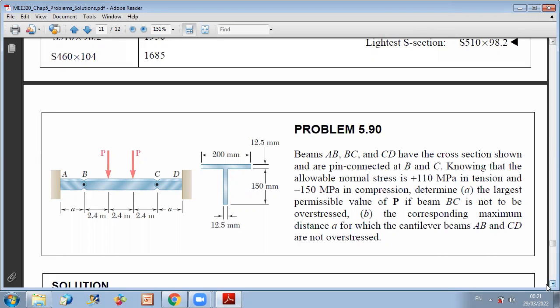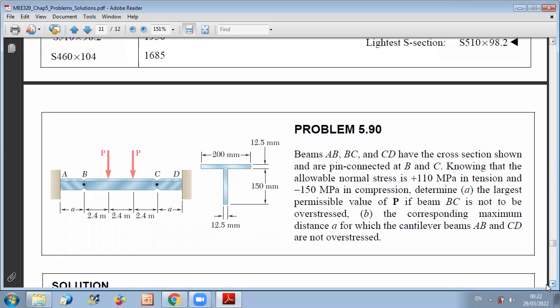So this will affect the choice of your permissible maximum bending moment. Okay, so we have in this problem beams AB, BC, and CD have the cross section shown and are pin connected at B and C. As we discussed together, whenever you have pin connected beams, so you have a hinge at B and a hinge at C, bending moment at B should be 0 and bending moment at C should be 0, because we can consider that we have three parts connected together, AB, BC, and CD.